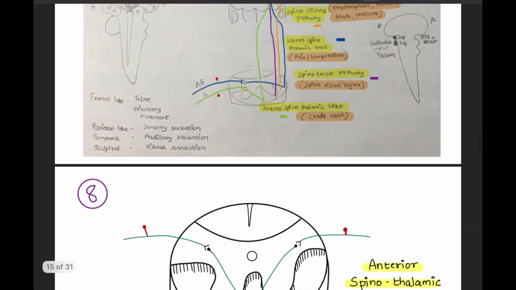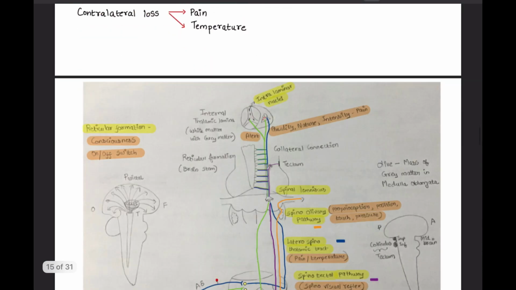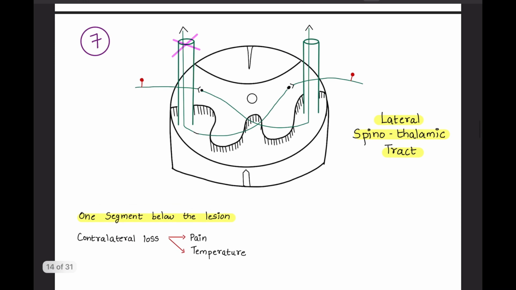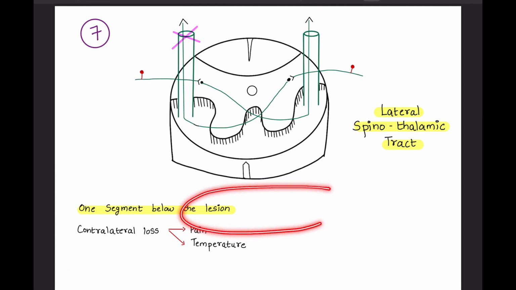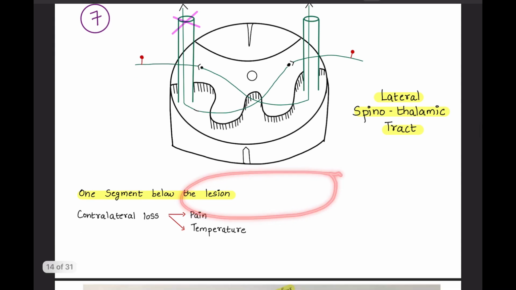And please note that in the 7th case, that is the lesion in the lateral spinothalamic tract, the clinical features will be seen from the next spinal cord segment, that is one segment below the lesion.